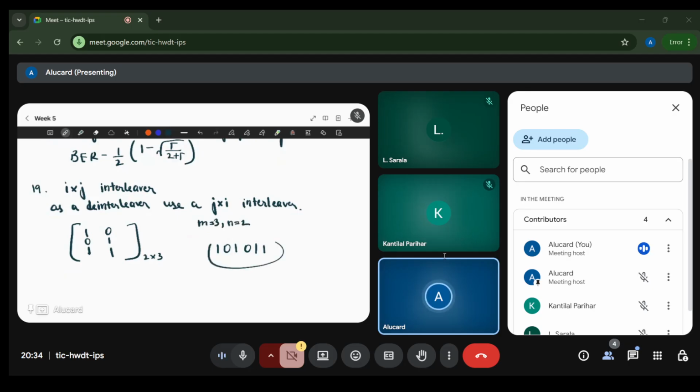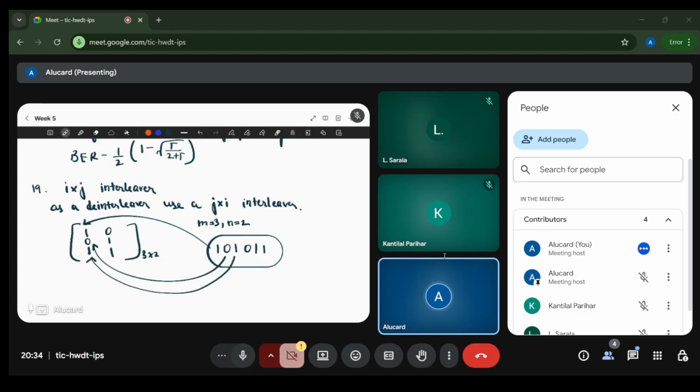Right, you have this input bit stream. What you do for interleaving is you put it in a 3 by 2 matrix like this. So first bit goes here, then second bit goes here. So you first fill the first column, 1 0 1.